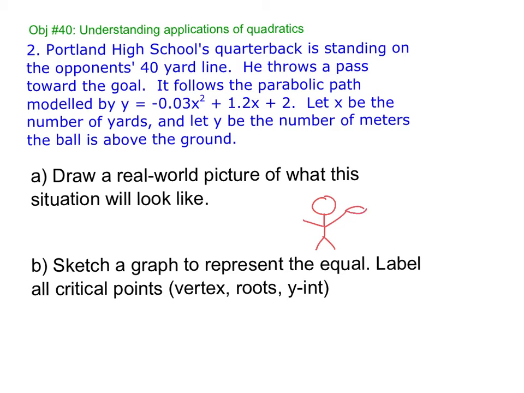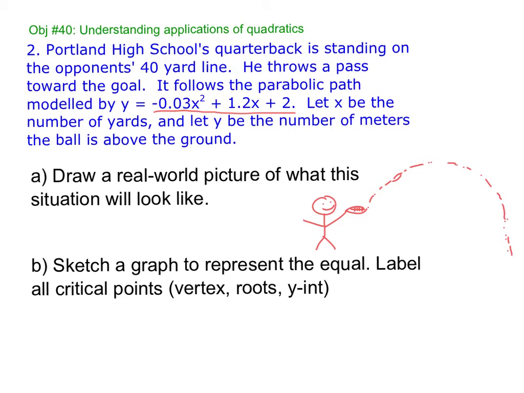And there's the ball, right? And he's going to throw it in the air, and it's a quadratic, downward facing. So he's going to throw it in the air. It's going to go up, come back down. So there's my real world picture. He doesn't have a helmet on. Sorry. I can't draw a helmet.